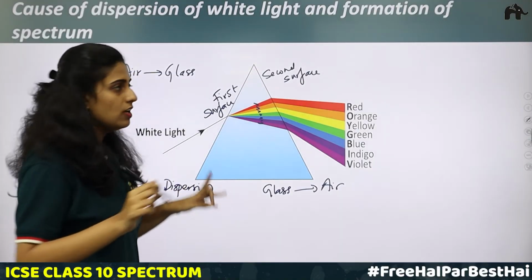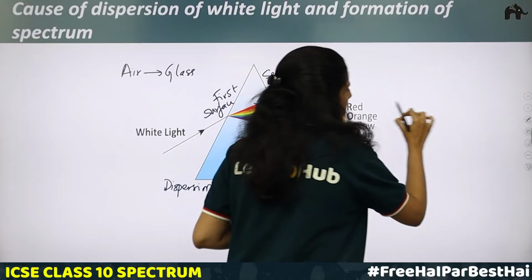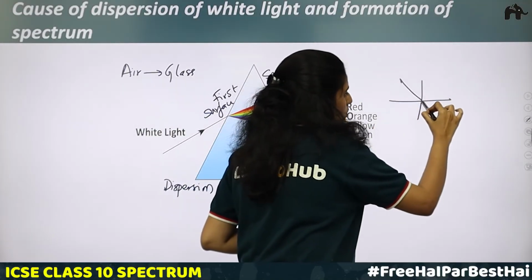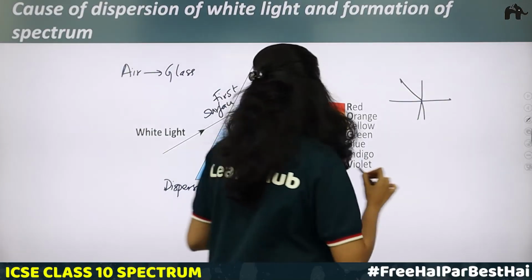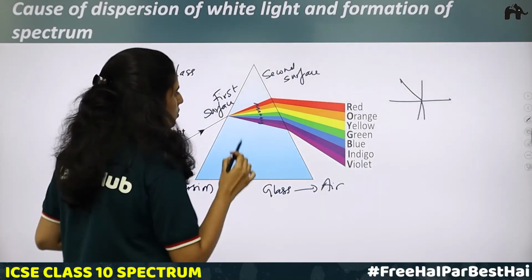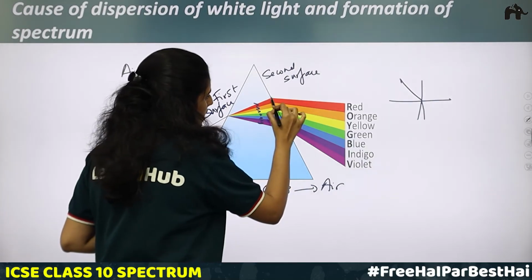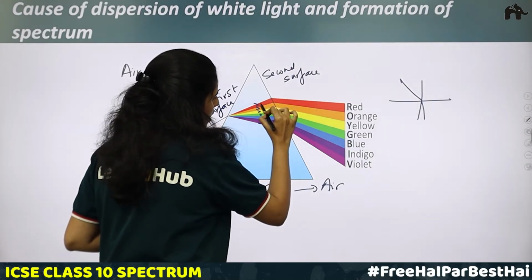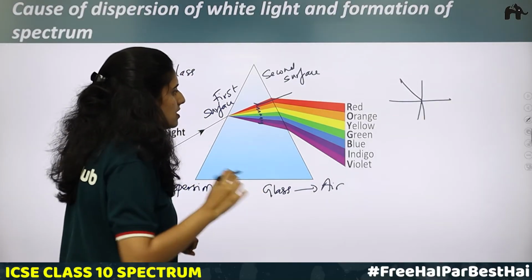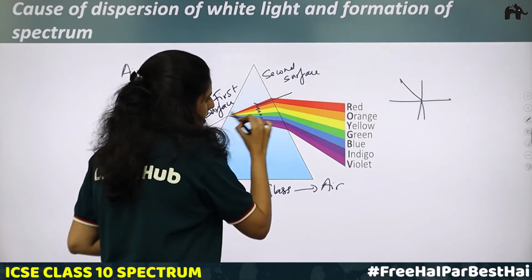So refraction we know, when light travels from rarer medium to denser medium, what happens? It bends towards the normal. Here light is traveling from a denser medium to rarer medium. When you draw a normal, this is the case of red light I am drawing.